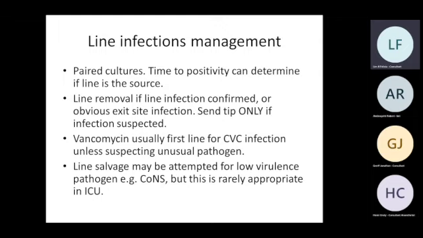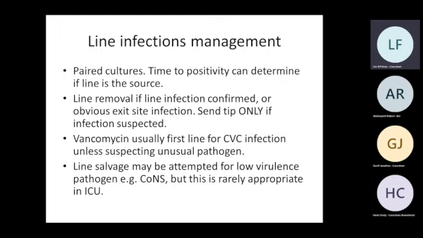And both sets need to have the same volume. So if you put the same volume in the peripheral culture and the line culture, and then you incubate it, then if the line culture flags positive more than 2 hours before the peripheral culture does, then that by definition is a line infection.